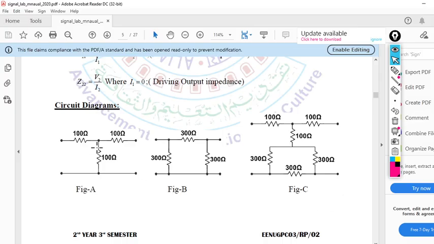Suppose you have connected this 100, then third you can take this one. Next, whenever you solve this problem, just reverse the parameters. Here we can give the supply plus minus, because you have to remember we will give DC plus minus, here will be plus, here will be minus.